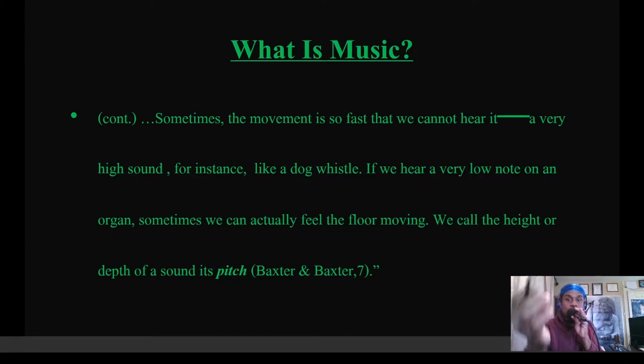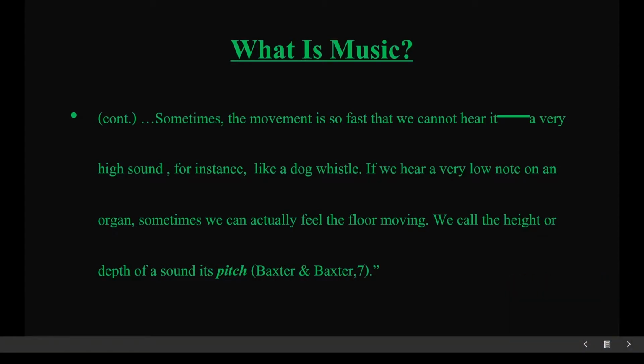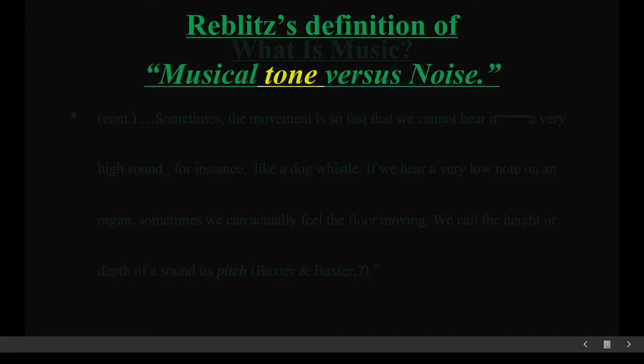Sometimes the movement is so fast that we cannot hear it, a very high sound, for instance, like a dog whistle. If we hear a very low note on an organ, sometimes we can actually feel the floor moving. How cool is that? Okay. We call the height or depth of a sound its pitch. Again, we call the height or depth of a sound its pitch.